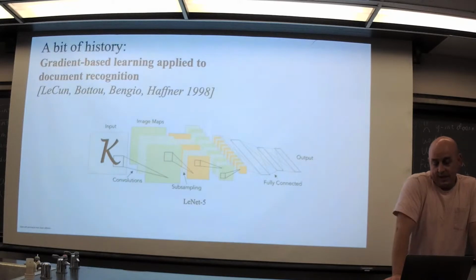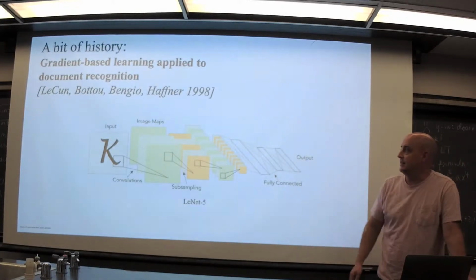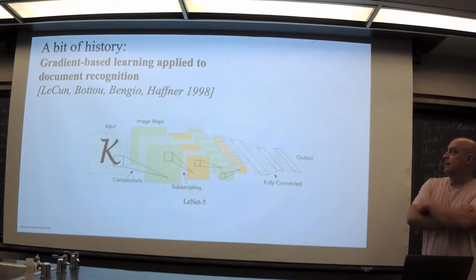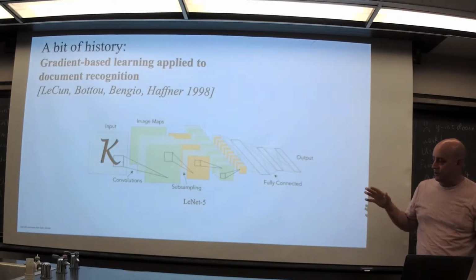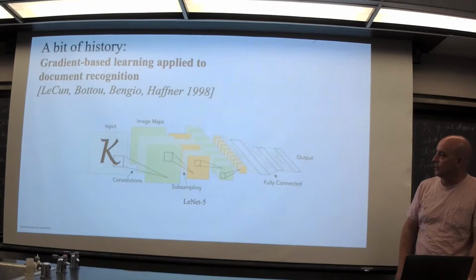Its job was again to recognize characters, so letters in an alphabet, numbers. And it has all of the components of a modern convolutional neural network.